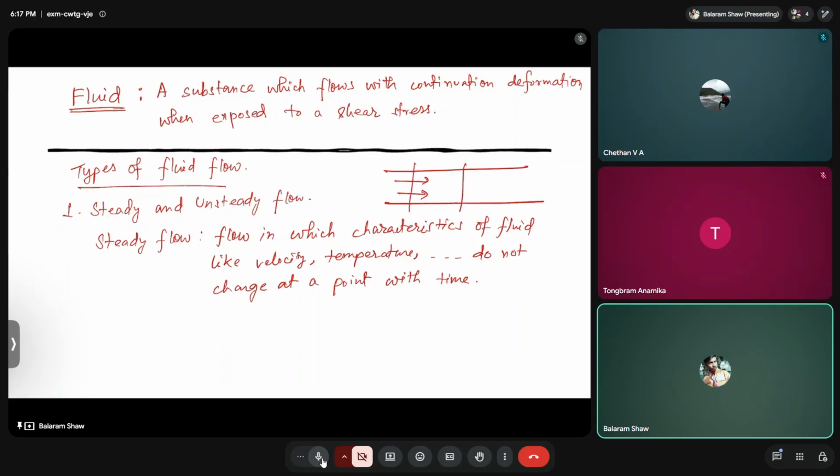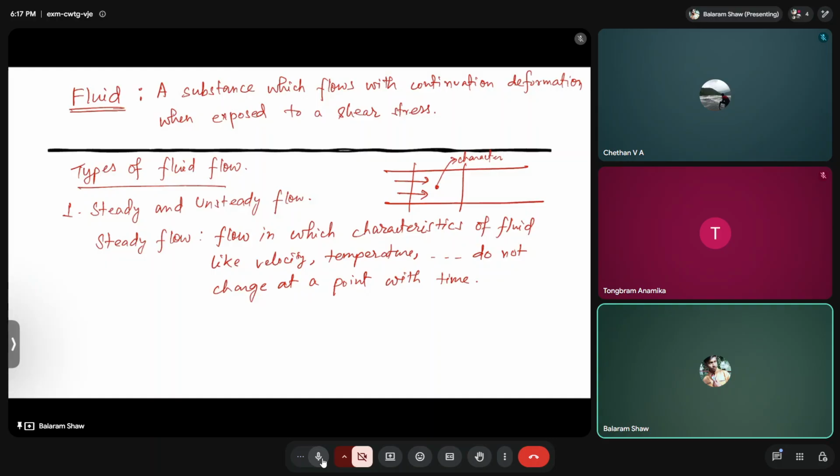If at this point the characteristics are not changing at any given time, say at the 1st second, the 10th second, 1 minute, and after 5 minutes, and the characteristics like velocity, temperature, pressure, etc. do not change, then we call this flow as steady flow.